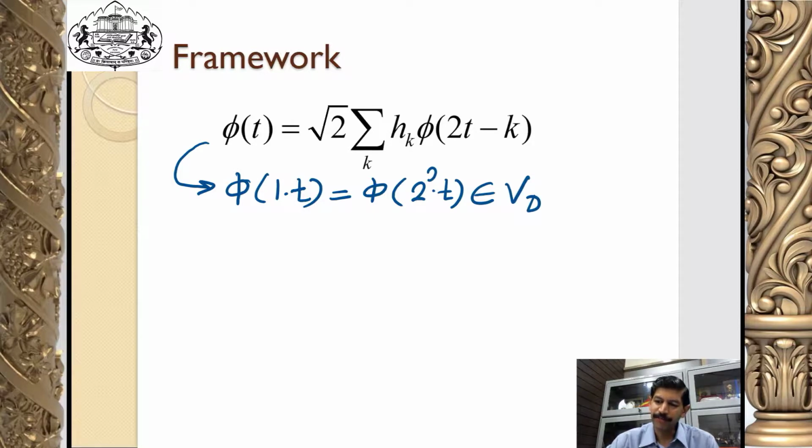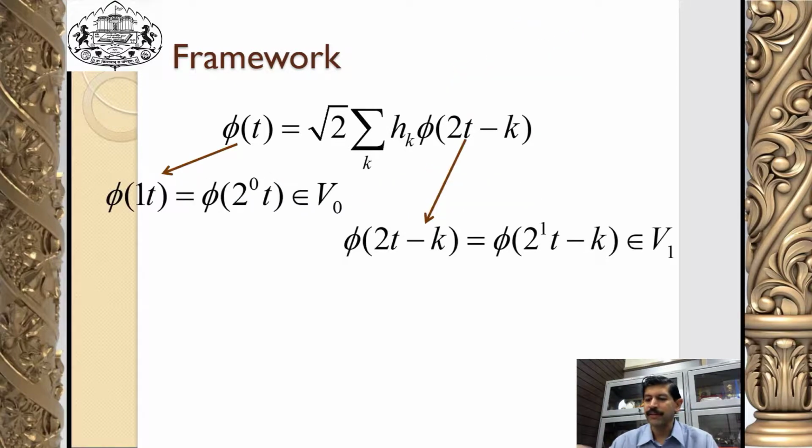And on the right hand side, we have phi of twice t. So that is 2 to the power 1. And so we can say that this belongs to V1. We can write it mathematically this way, that phi of t belongs to V0 and phi of twice t belongs to V1.